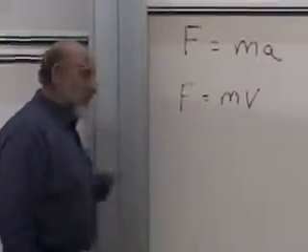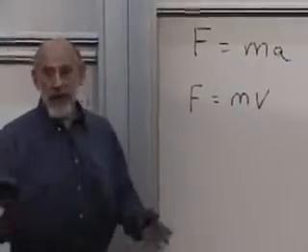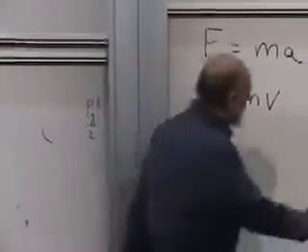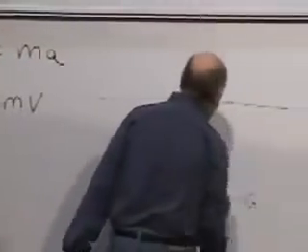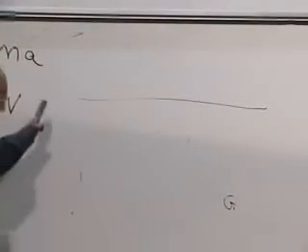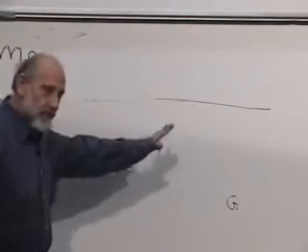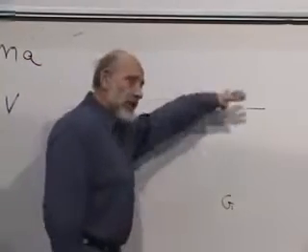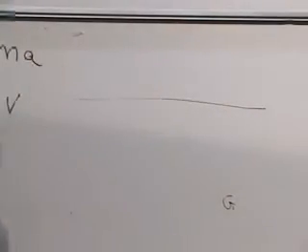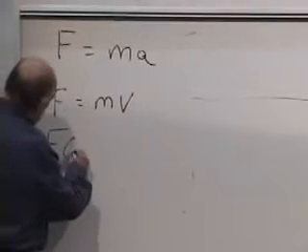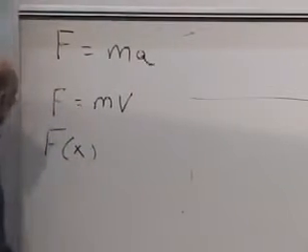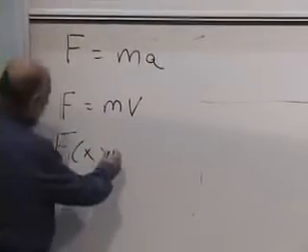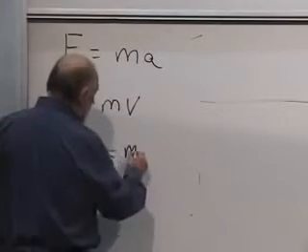And let's suppose that force just depends on where you are. We have a particle that moves along a line. It's subject to forces which vary along the line. Force may be big here, small there, and so forth. So the force depends on position. And let's imagine this fake equation of motion, that it's equal to mass times velocity.